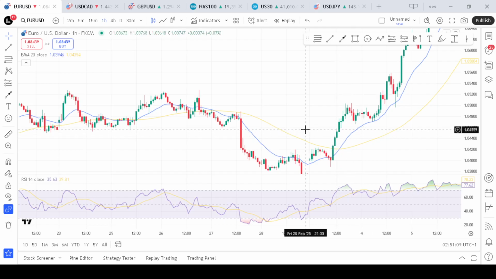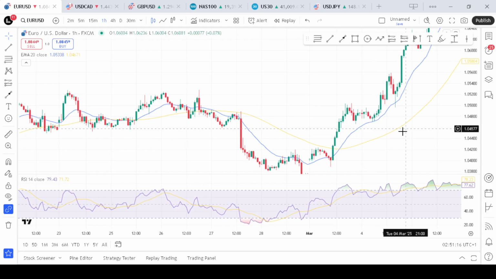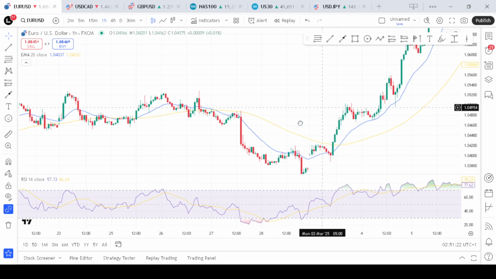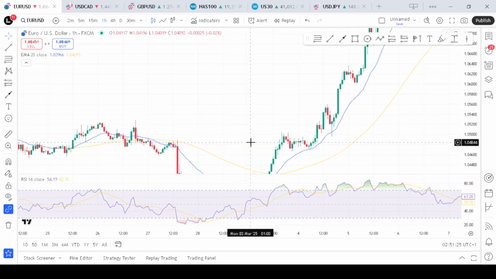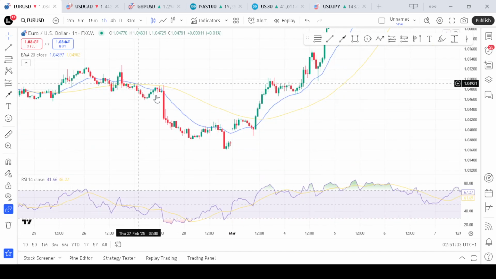By adding two moving averages, one with a shorter period and one with a longer period, you can easily spot potential entries when the short moving average crosses above or below the longer one. For example, a bullish crossover signals an upward trend, while a bearish crossover signals a downtrend.